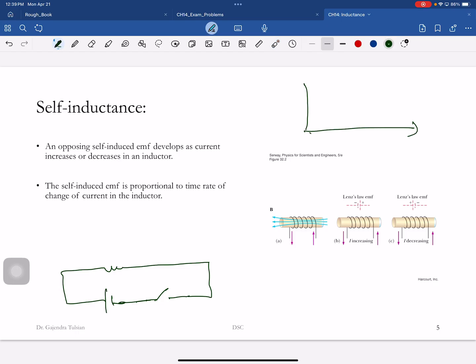Yeah, so what I'm going to do is I'm going to close the switch at t equal to 0. And before I close the switch, the current was 0. And at t equal to 0, I close the switch. And what happens? A current instantly rises to its value.